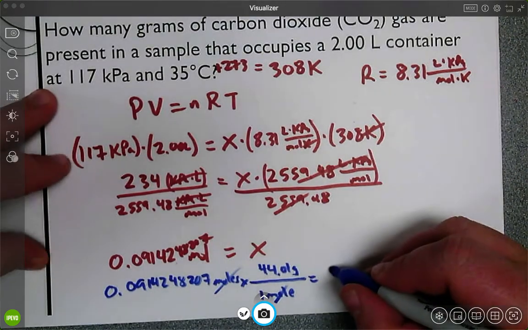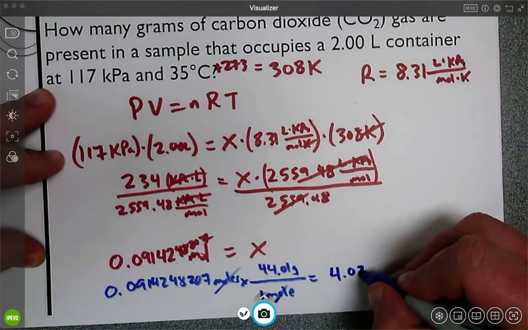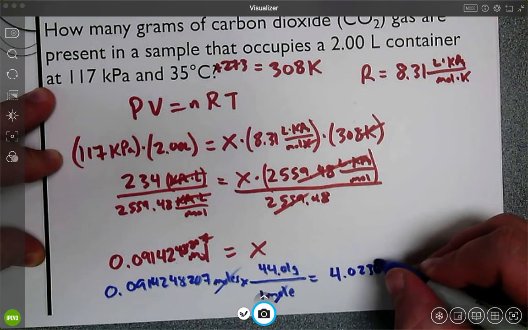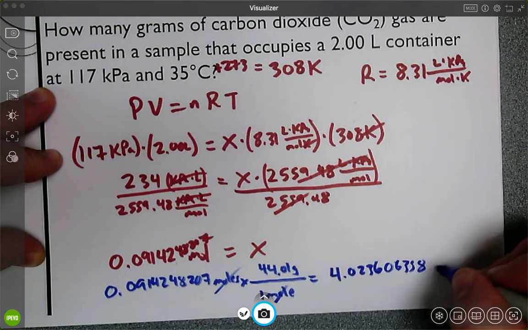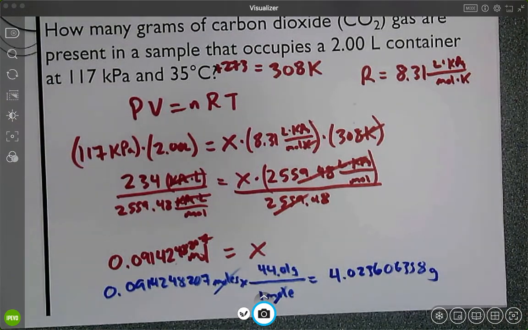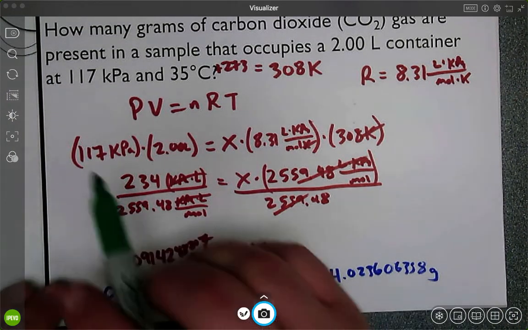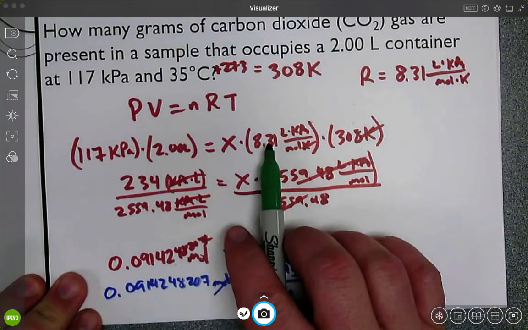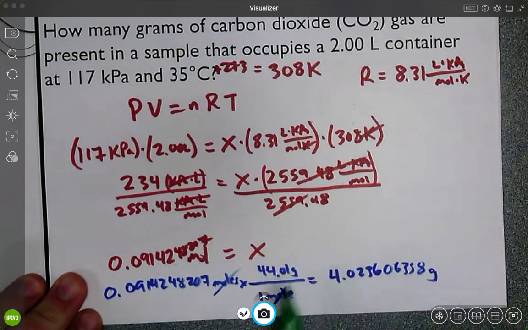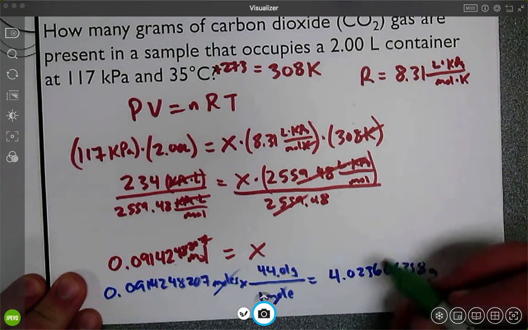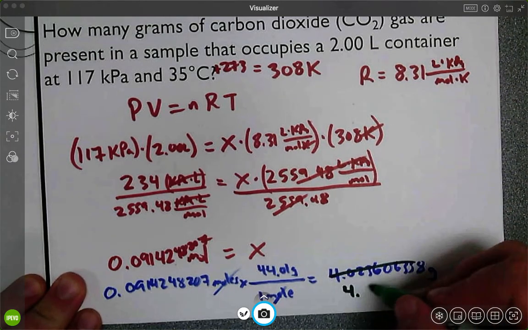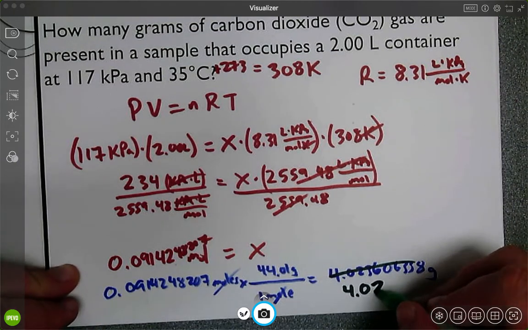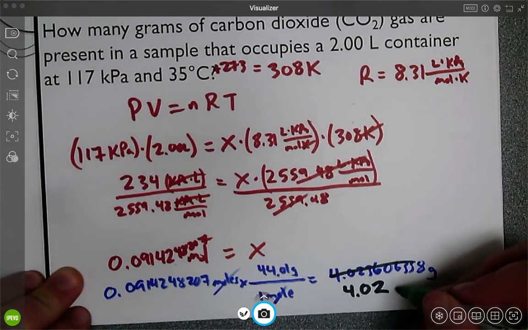This gives me 4.023606358 grams. So that is my final answer. So that's the one I'm going to round. So I look back up here. We got 3 sig figs, 3 sig figs, 3 sig figs, and 3 sig figs. So we're going to round this to 4.02. Next one's a 3, so it rounds down, grams.